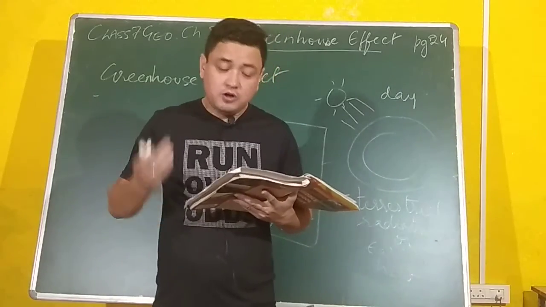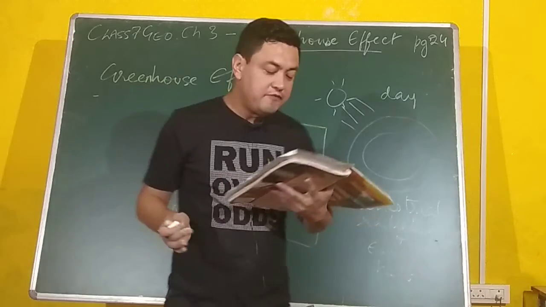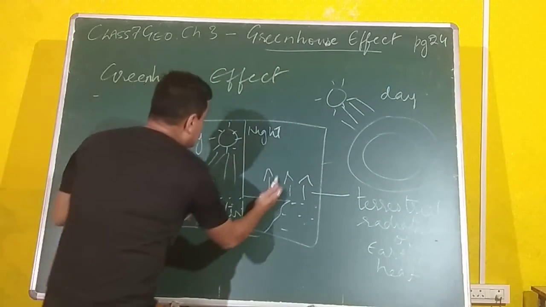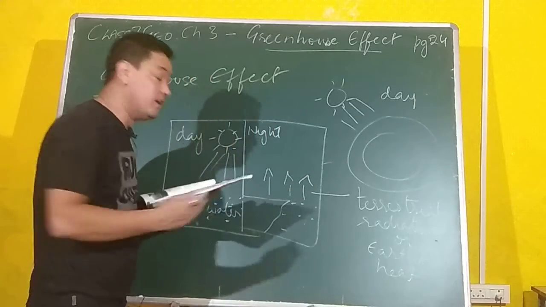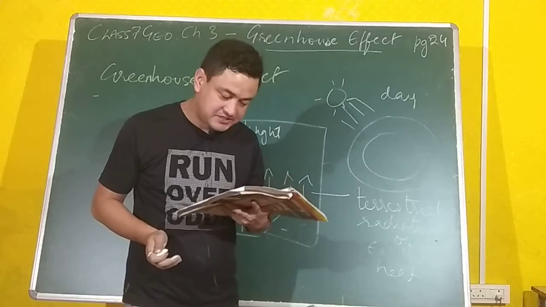The temperature would be stable, constant or balanced if the incoming rays of the sun and the outgoing heat of the Earth were equal or balanced.